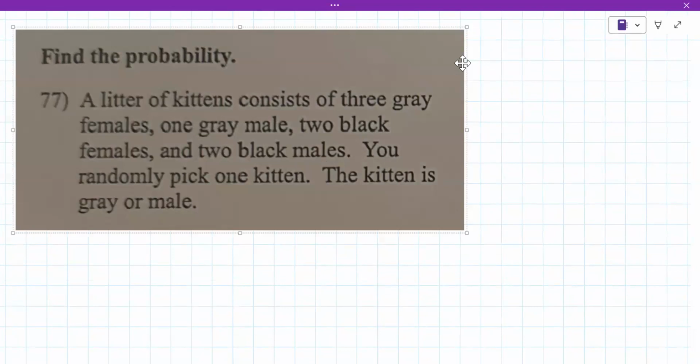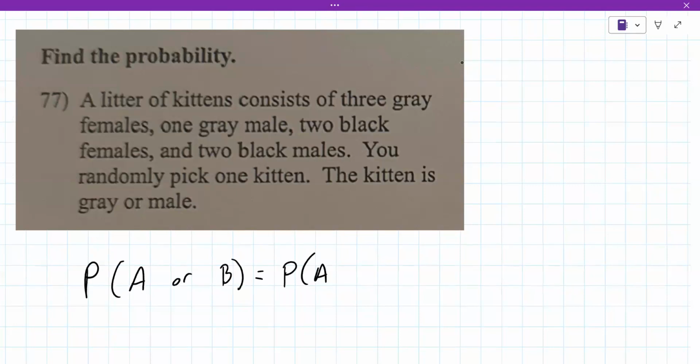Do you want us to use formulas? There's yet another formula here, which is the probability of A or B equals the probability of A plus the probability of B minus the probability of A and B.